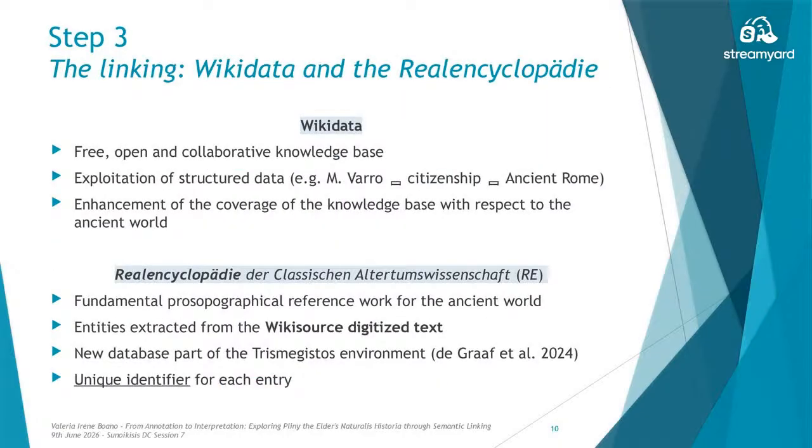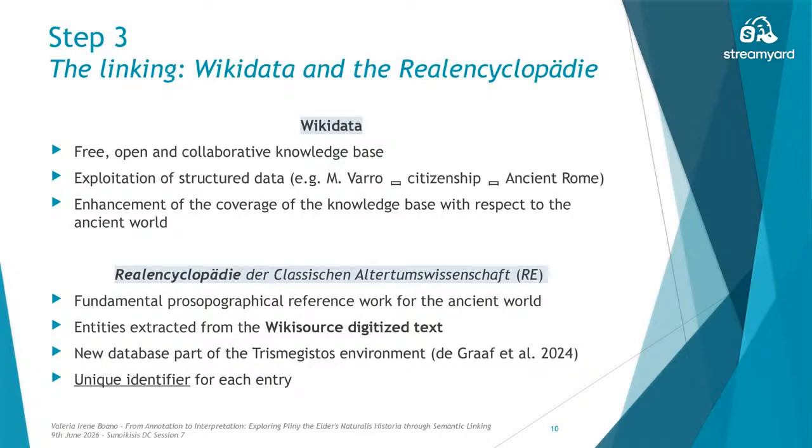The third step consisted of linking my retrieved persons to external knowledge bases, and I chose Wikidata and the Real Encyclopedia. So Wikidata is a free, open, and collaborative knowledge base, and the main advantage of it is that it contains structured data.